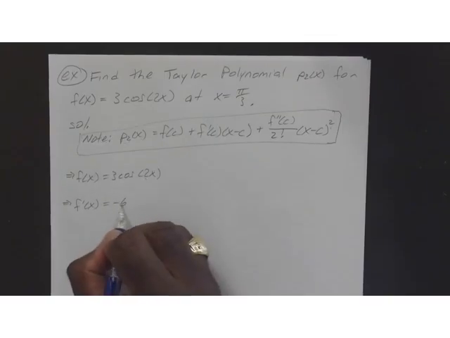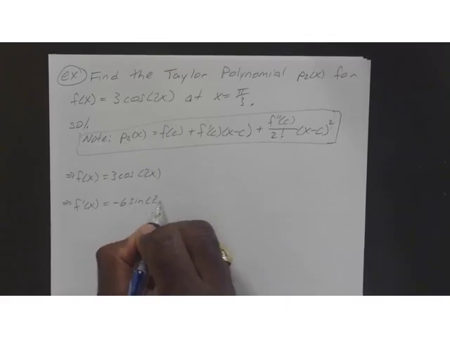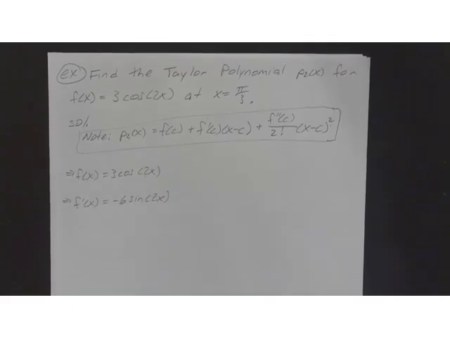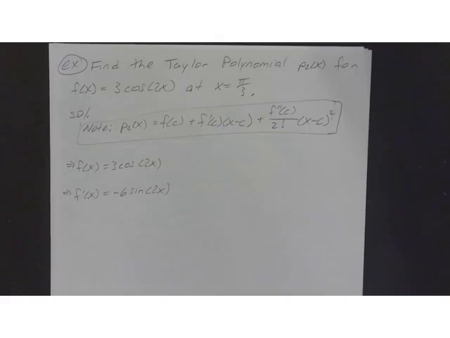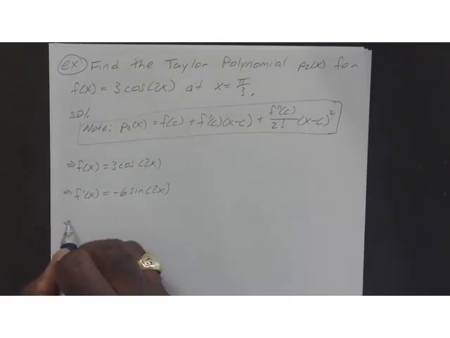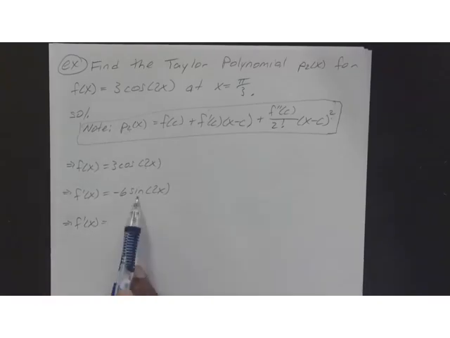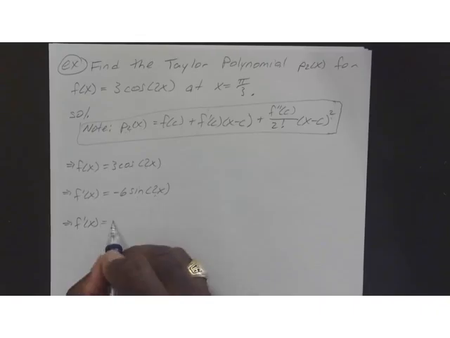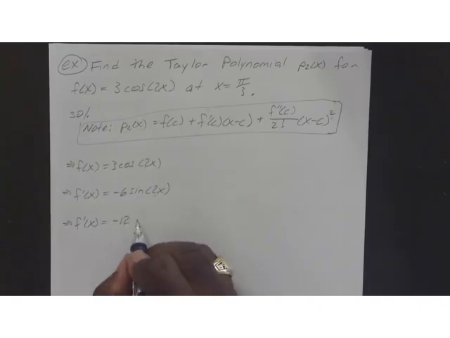So that gives us negative 6 times sine of 2x. And our second derivative, the derivative of sine is cosine, so that's negative 6 times cosine of 2x times the derivative of 2x, which is 2. So that gives us negative 12 cosine of 2x.